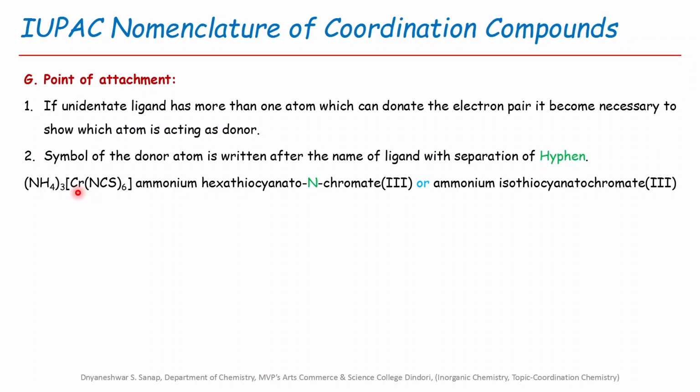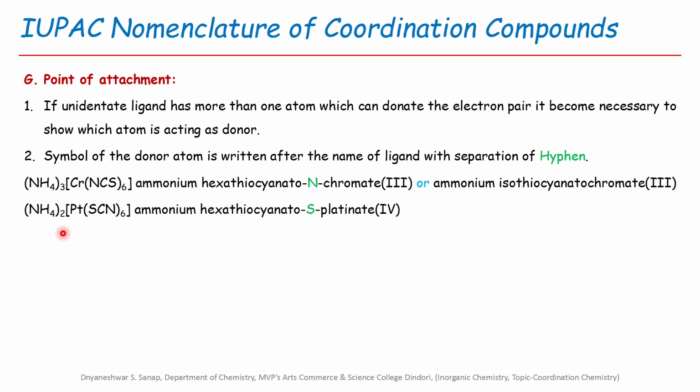Here nitrogen donates the electron density to the chromium atom, and that's why we write the symbol of nitrogen, N, after the name of the ligand and before the name of the metal atom, separated by a hyphen.